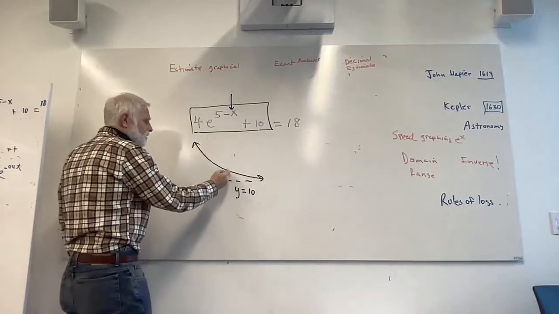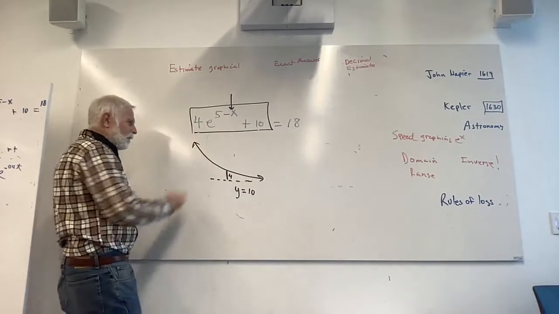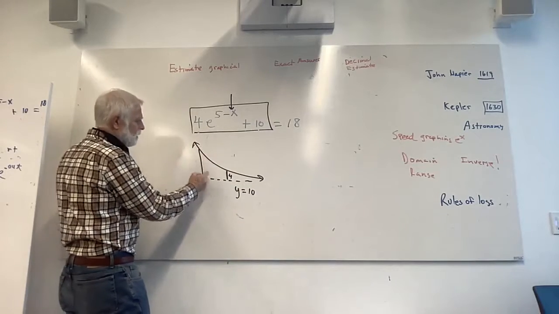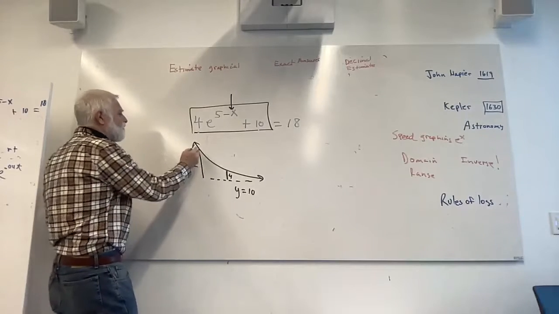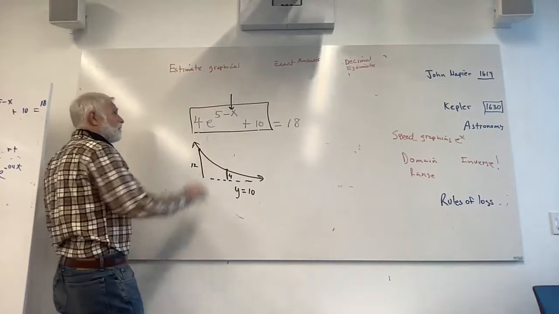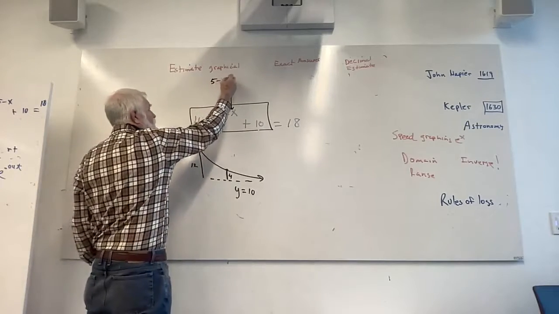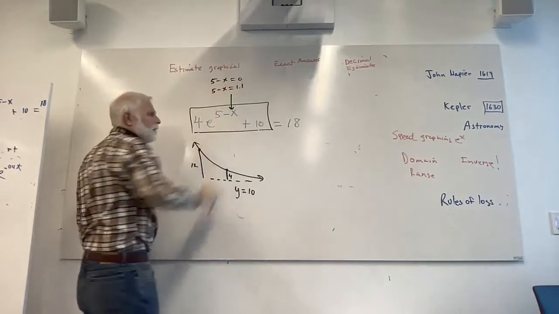So I think I've got an initial jump of 4. When's it going to triple? On this side. That seems 3 to 1 to me. If I find the right numbers. What's going to find me the right numbers? When the exponent equals 0 and when the exponent equals 1.1.